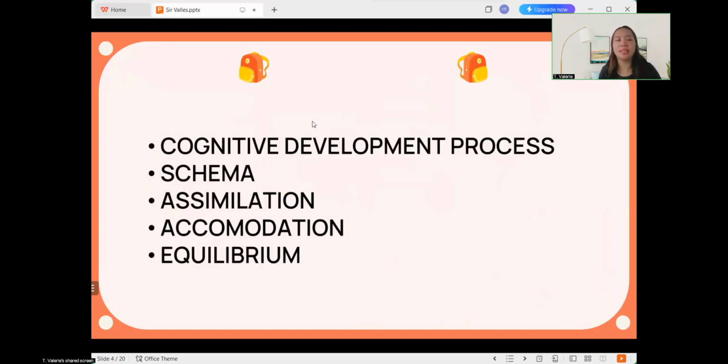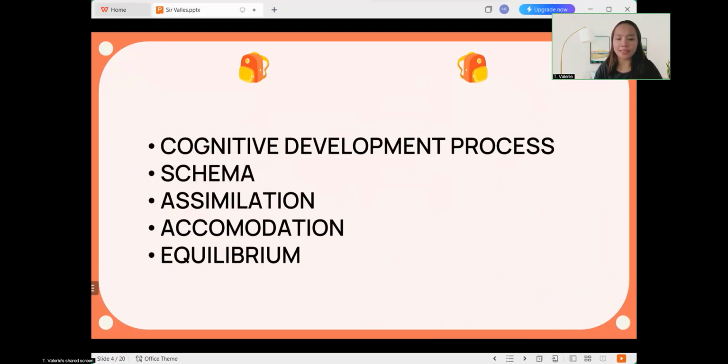Just what I've said earlier, when we say cognitive development, it is the process by which the mental ability or mental capacity of a child is developed. Now let's have the schema. When we say schema, it's the prior knowledge.